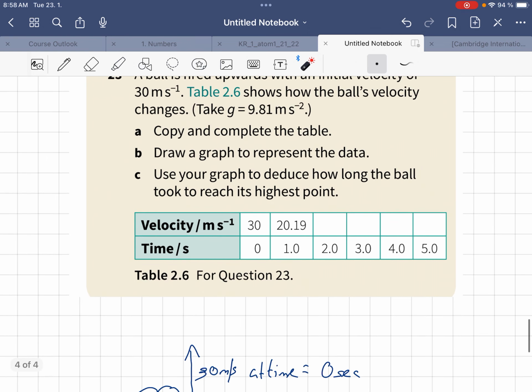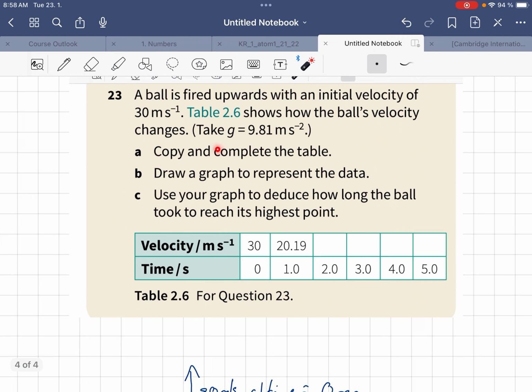And since we already know that g is equal to 9.81 meters per second squared, all we have to do to fill in the table is, at the beginning, velocity is 30 when time is 0. At 1 second, so 1 second later, it will start to decelerate at this rate.